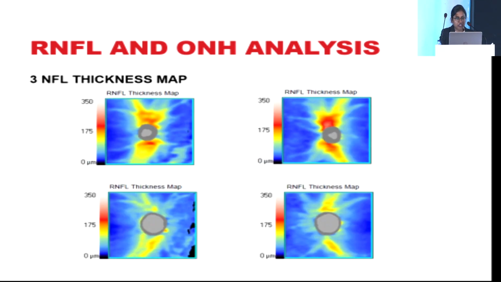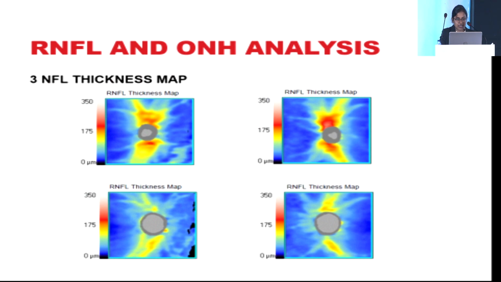This is the topographical map, which is a retinal nerve fiber layer thickness map, displayed on the OCT picture. This is typically an hourglass-like pattern, displayed in yellow and red color around the disc area. On the left side, we can see the retinal nerve fiber layer thickness, which is represented in the form of color coding in micrometers.